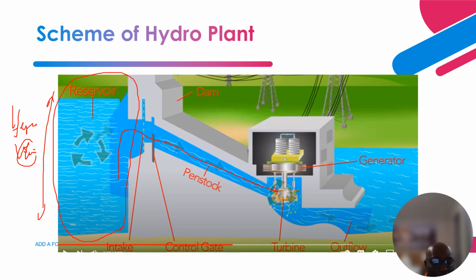Okay, so before this gate, there's a gate over here called the Sluice gate, and that is the intake point of the hydro generation plant.